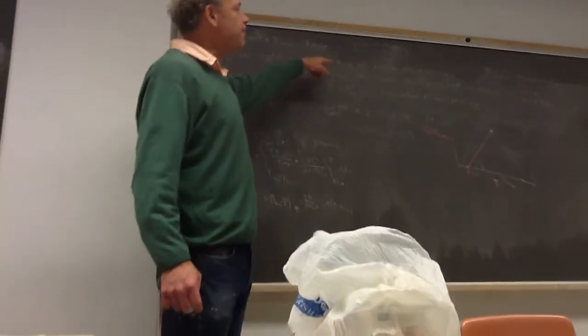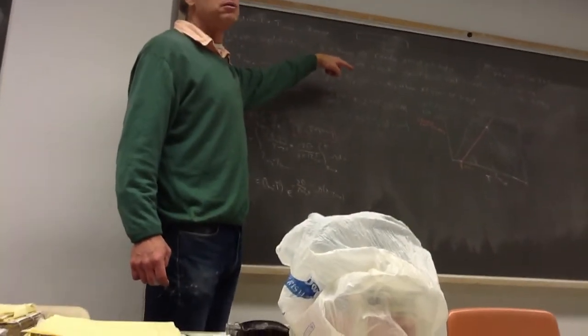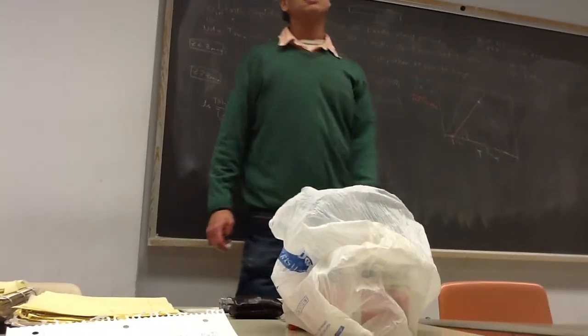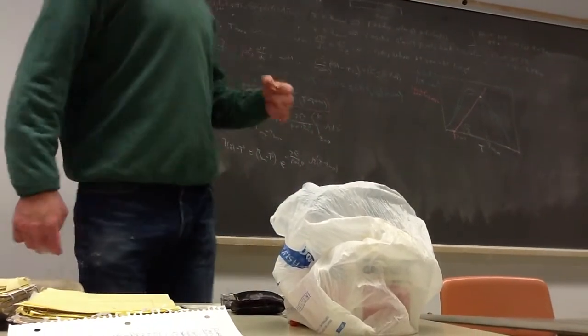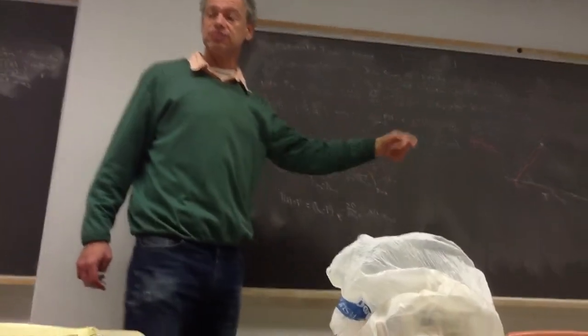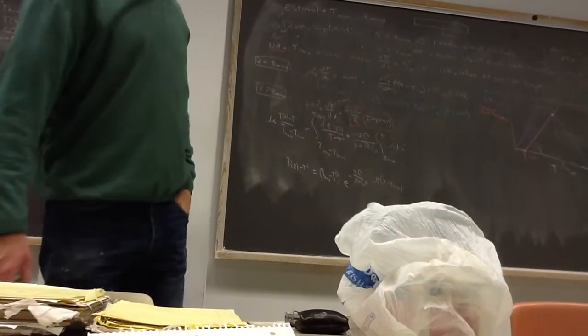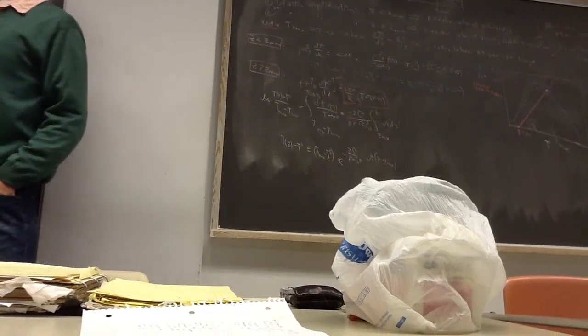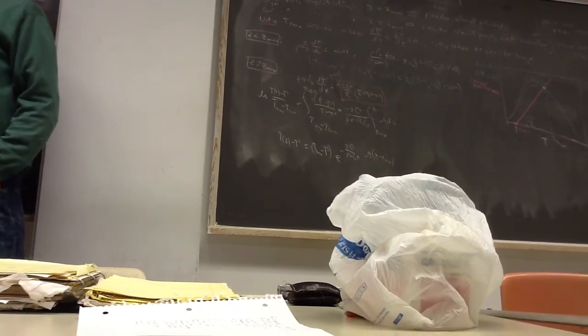So again, what I'm going to do is come up with an approximate profile. So this gives me Tmax. I'm going to come up with an approximate profile under these assumptions of the temperature as a function of z. And then once I know the temperature as a function of z, if I know T explicitly, then I can solve this equation.